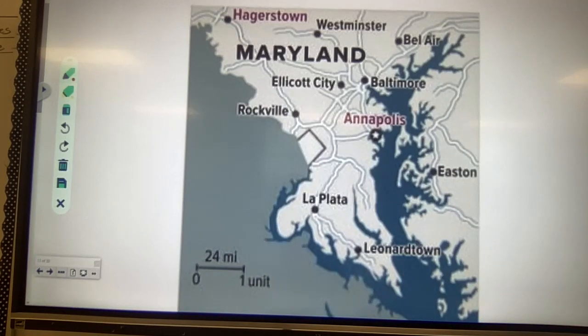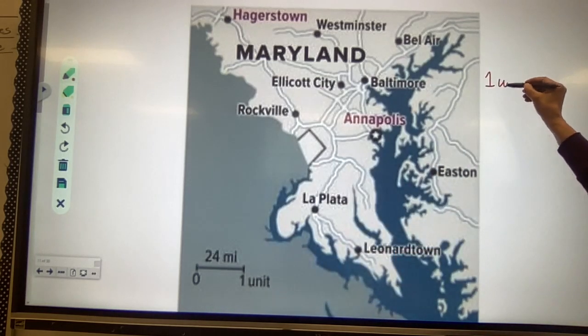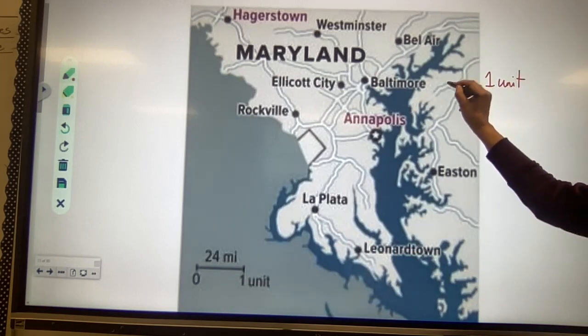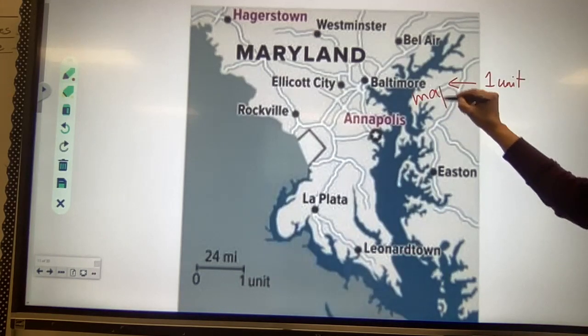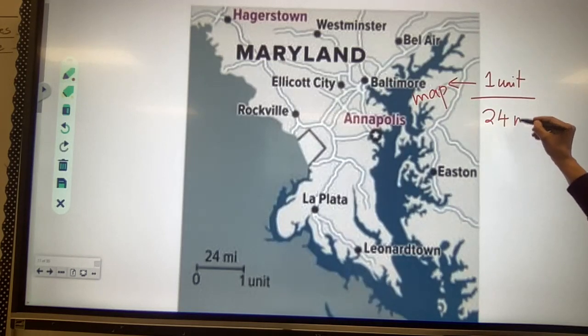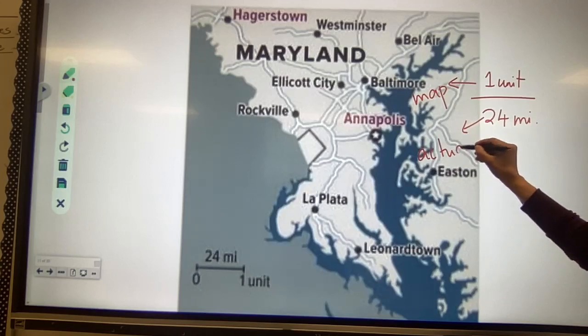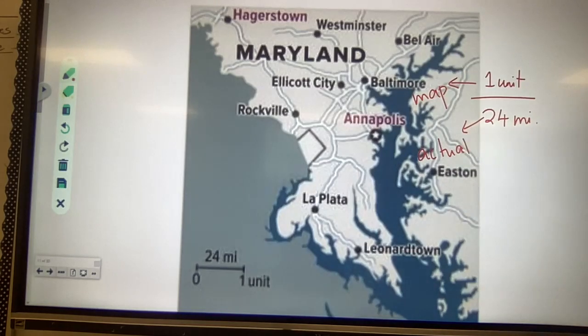So let's see, it's saying 1 unit, this is on the map, is equal to 24 miles, and this is actual. All right, so 1 unit is 24 miles.